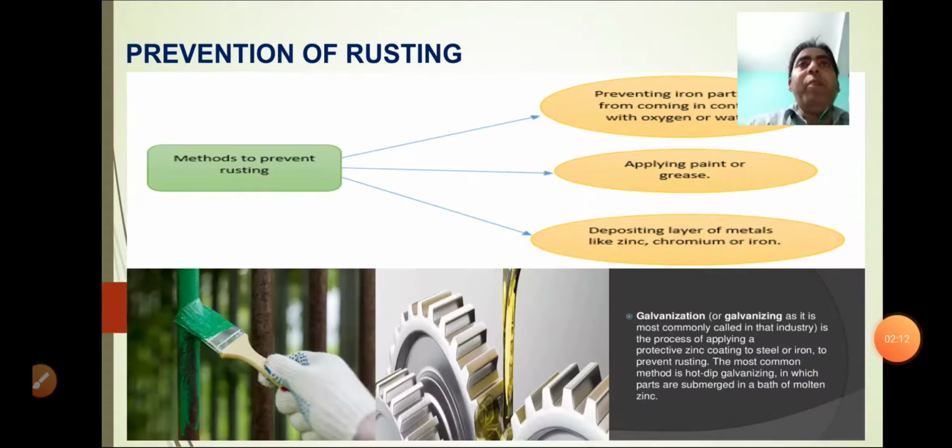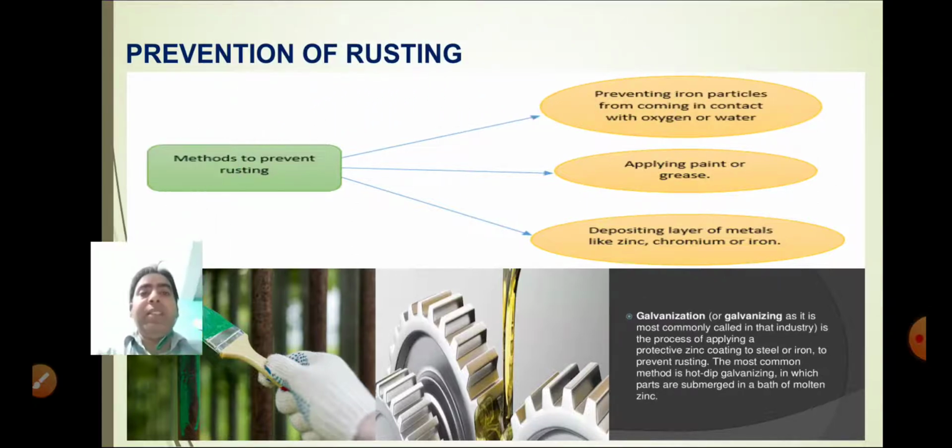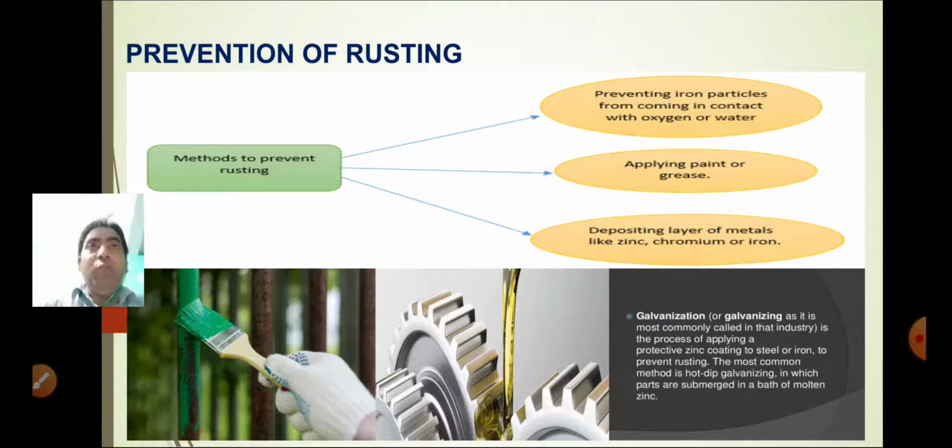Now one important thing is that rusting is a continuous destructive process and we need to prevent rusting of iron. How will we prevent rusting of iron? The first one is coating the iron surface with paint or grease.